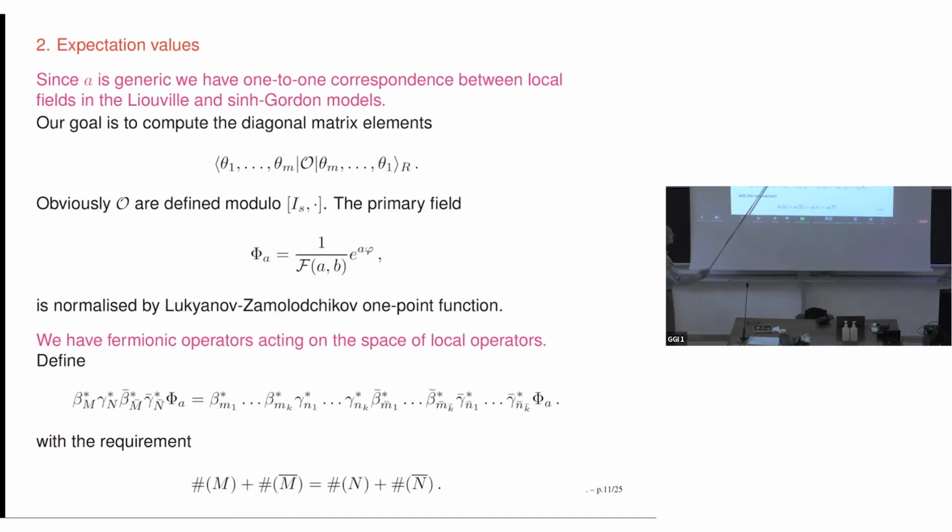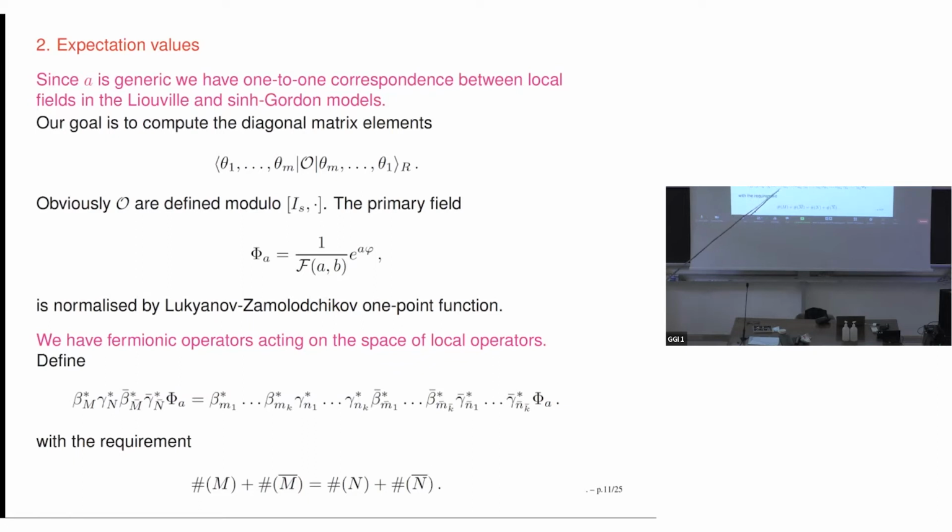So I consider these matrix elements for the primary fields. I normalize them by the Lukyanov and Zamolodchikov one-point function for some reason, which I will explain. I don't write the expression for this one-point function. If you know it, it's all right; if you don't, that's also okay. My main aim is the fermionic basis, about which I was talking here some time ago.